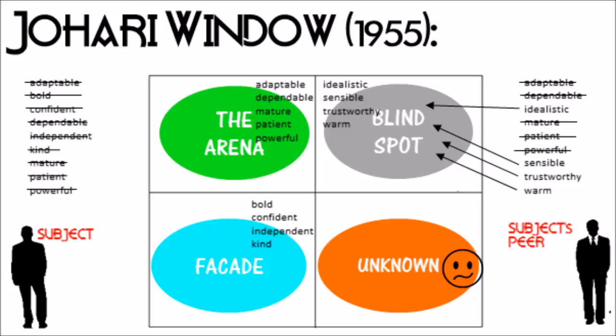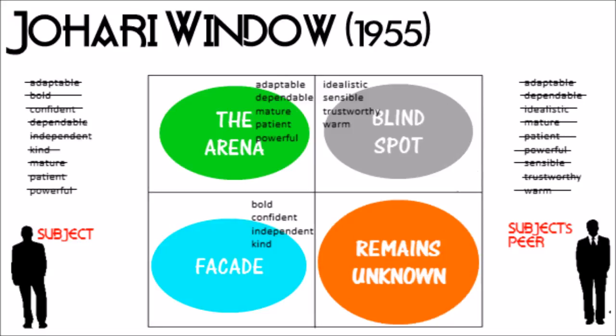Then the third one is the blind spot. So those are all of the things that the peer has perceived about the subject, but that the subject doesn't necessarily believe to be true about themselves. And then what you'll notice is that that's taken account of everything on both lists. So the things that aren't captured by either party, those are the true unknowns.